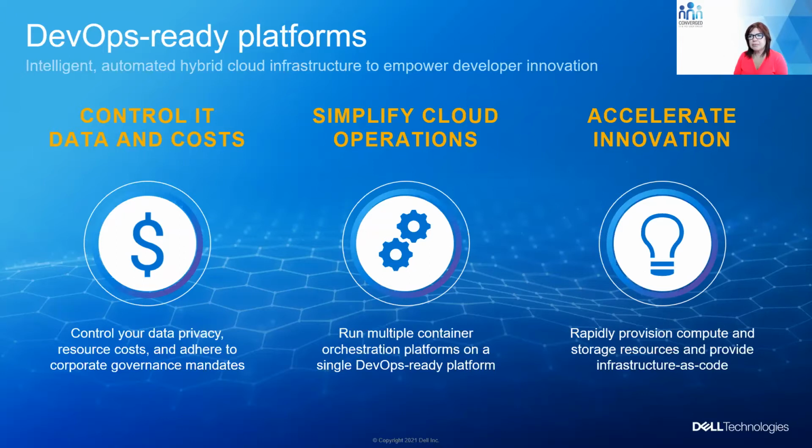So you really have simplified cloud operations, and all of that together helps you accelerate innovation. It's not like I have to have my own standalone on-prem implementation to meet those cost needs and corporate governance, and then a standalone implementation in the public cloud. You actually have them working together, and that really helps accelerate innovation.